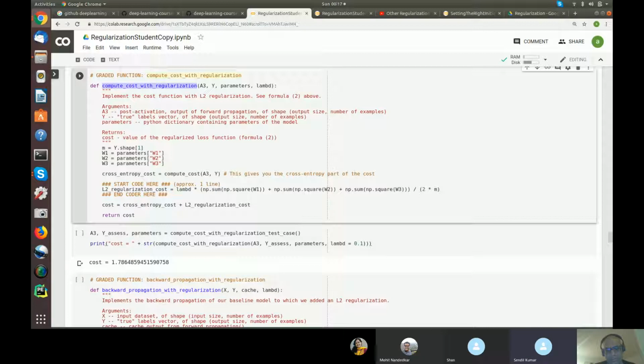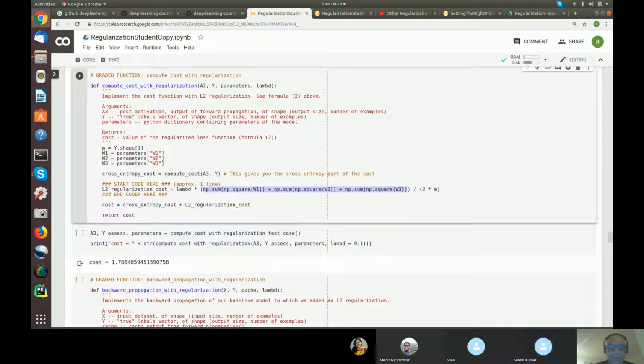So it's one lambda multiplied to all the weights, huh? Right. So within the brackets, we have all the weights that are squared and added up.